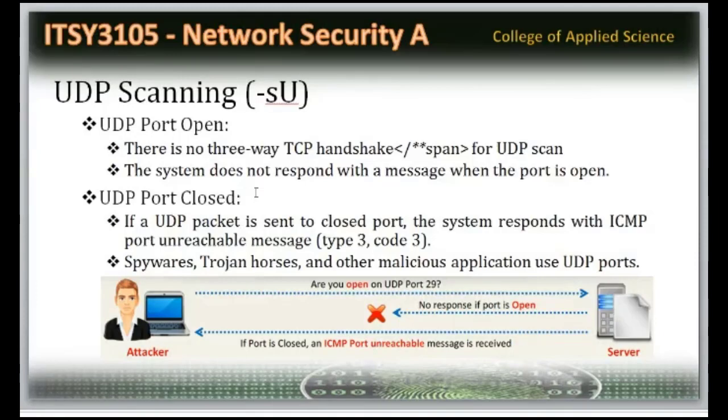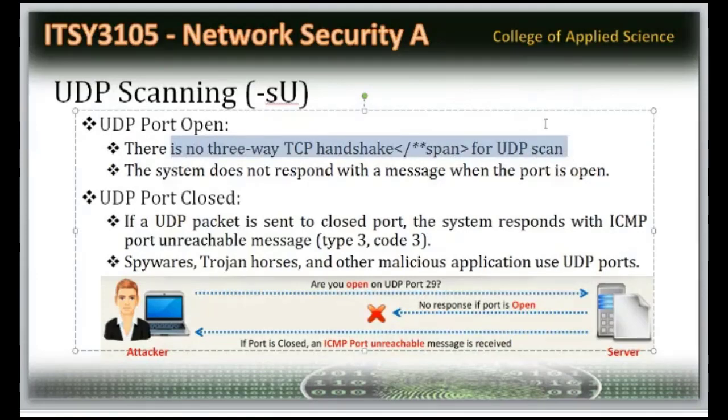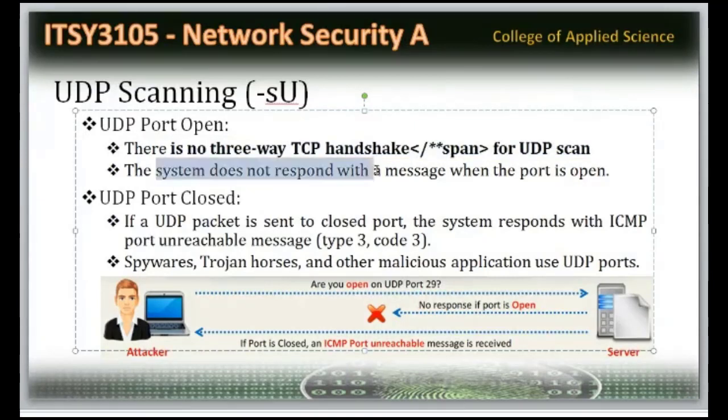But how can you do the scanning? You can see here, UDP port open. There is no three-way handshake here, like sending the sync, getting the sync plus acknowledgement, then giving the acknowledgement. There is no option like this. So the system does not respond with a message that the port number is open.